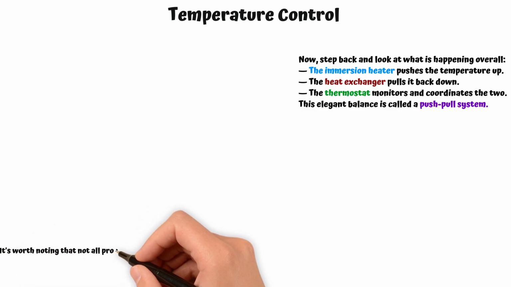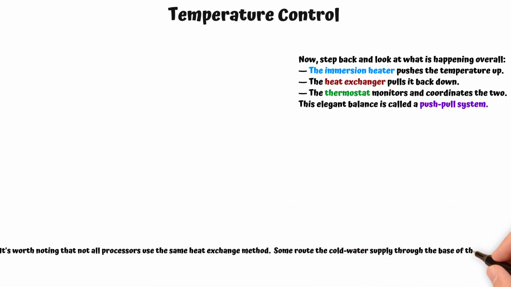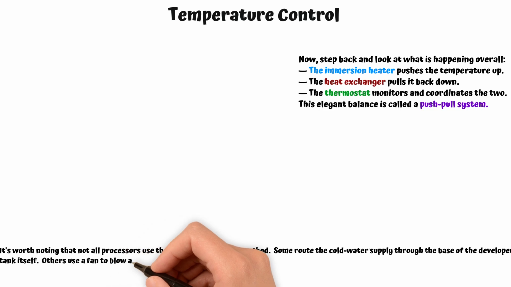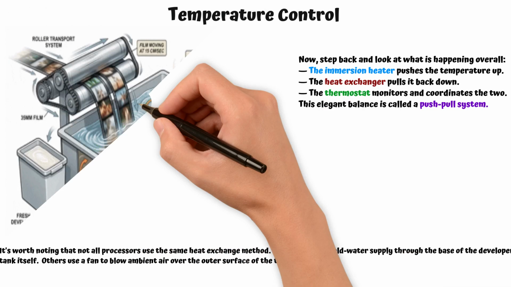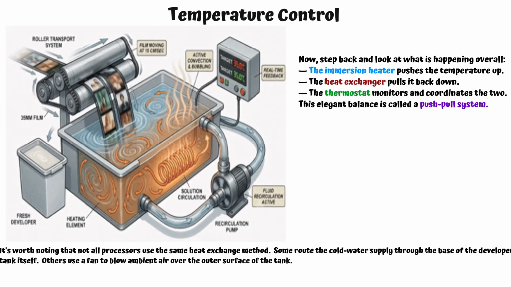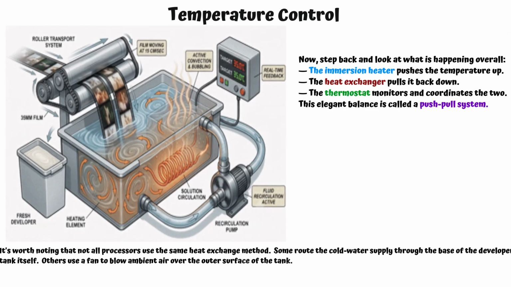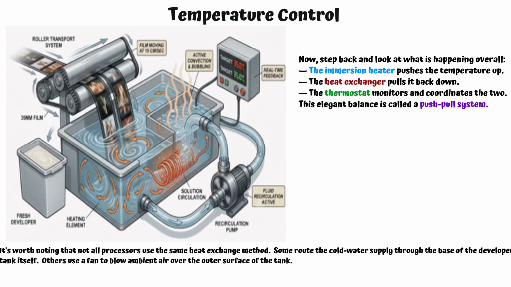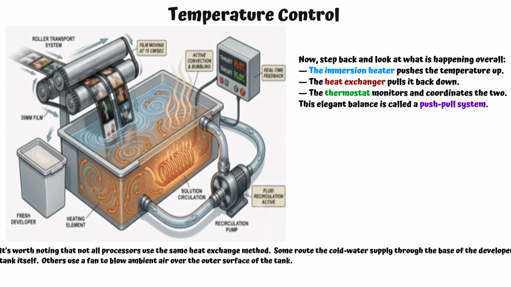It's worth noting that not all processors use the same heat exchange method. Some route the cold water supply through the base of the developer tank itself. Others use a fan to blow ambient air over the outer surface of the tank, a principle very similar to the cooling fan and radiator in a car engine. And some use a dedicated heat exchange unit, where hot developer solution flows through a coil surrounded by a jacket of cold water.